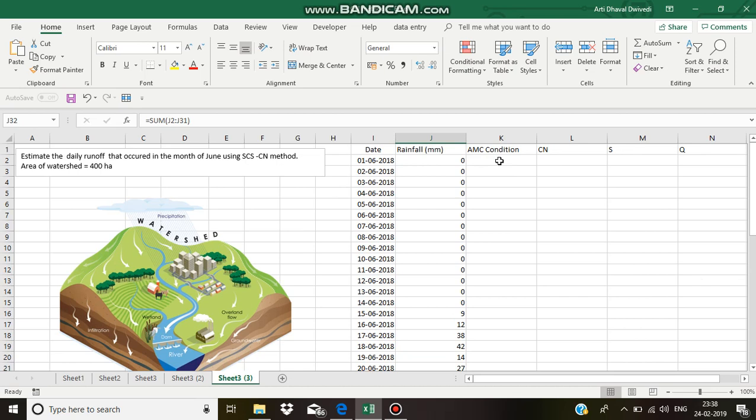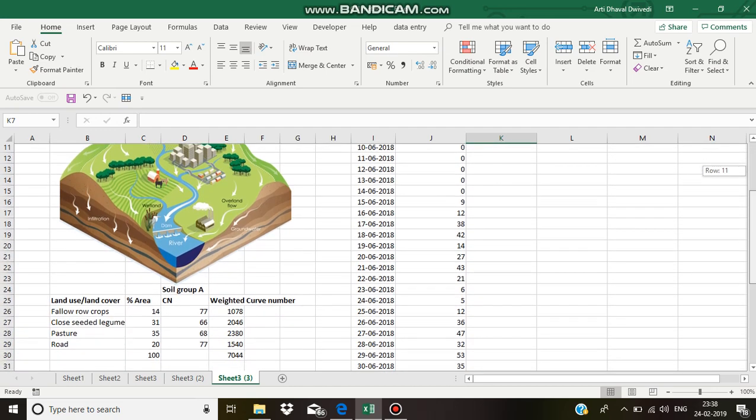Now AMC condition, zero rainfall. In May no rainfall occurred, so we'll use AMC condition 1. AMC represents the total rainfall in the previous 5 days. So from 6th June the AMC condition would be 1 because the rainfall was 0.